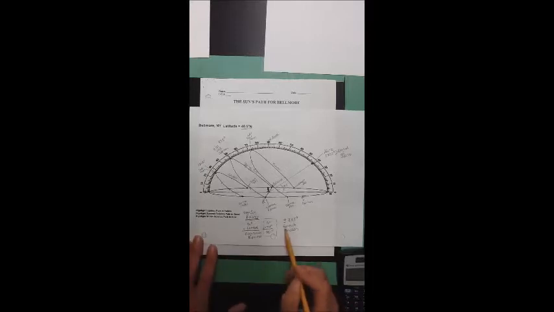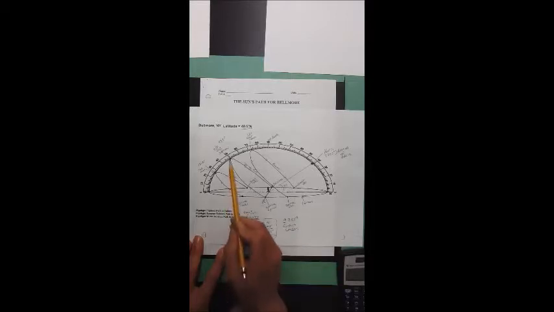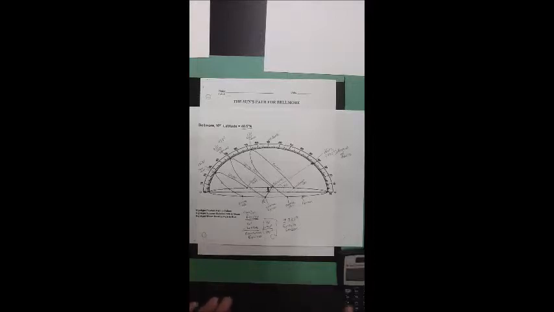So each season, the sun is going to appear to move either 23.5 degrees higher or 23.5 degrees lower. If they give you one seasonal path, you can figure out the other ones by knowing whether the sun gets higher or lower.